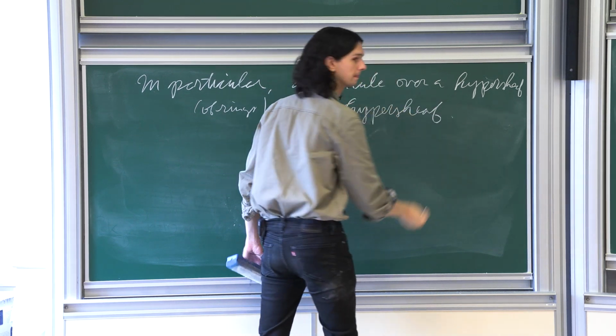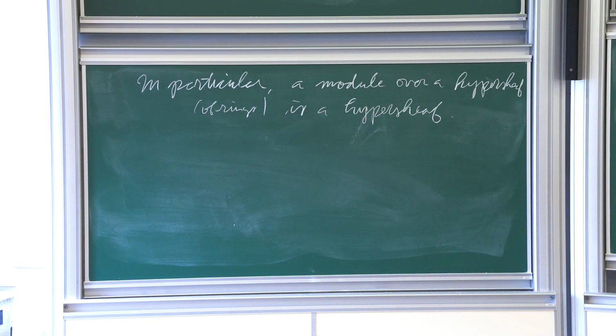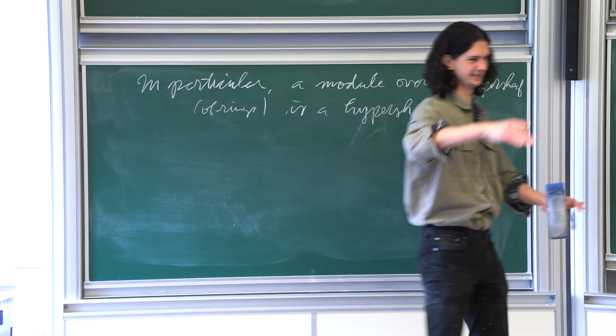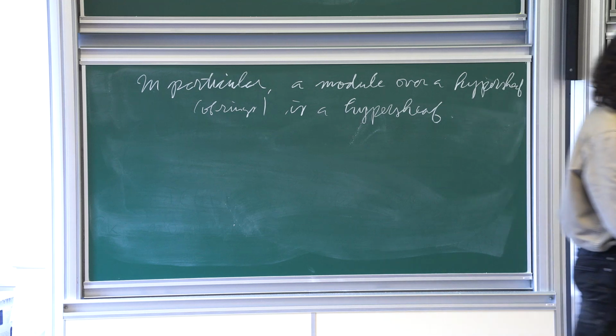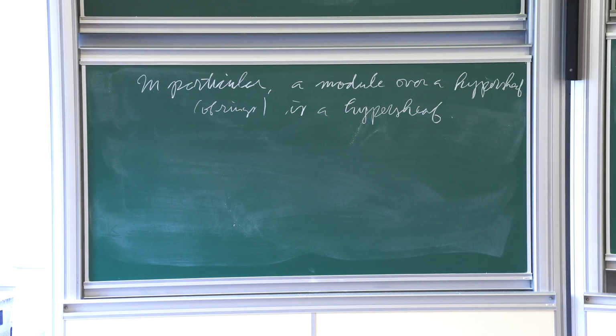Okay, so you can resolve a module by tensoring like the usual. Or even simpler: if M is a module over R, then M is a retract of R tensor M, by the unit and the action.